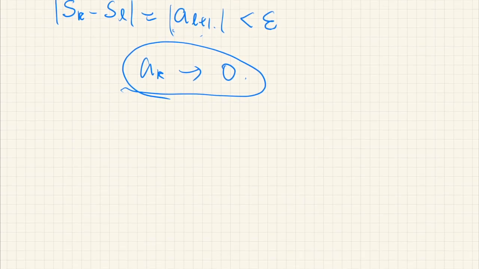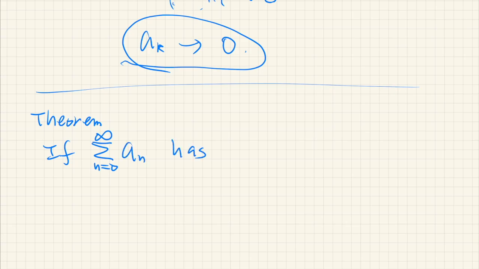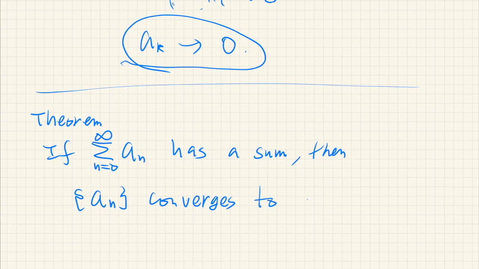So here's a theorem: if the series AN has a sum, then the sequence AN converges to 0.